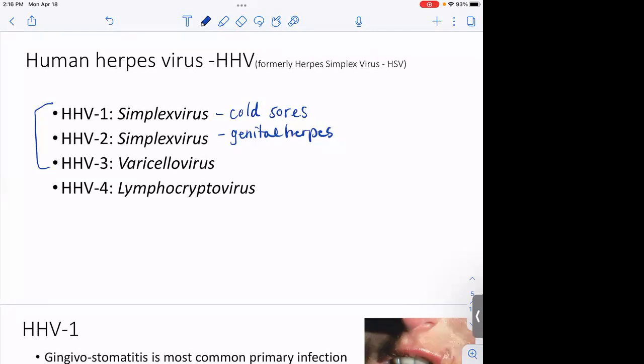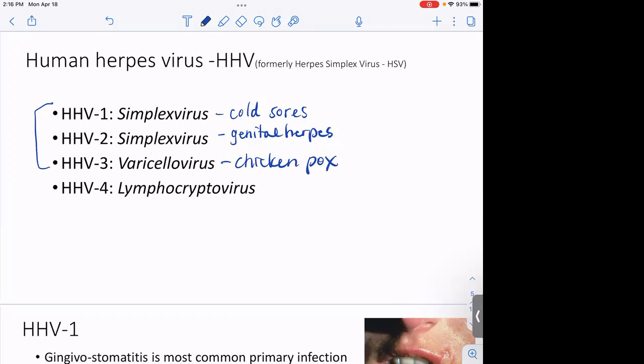So can you get HHV2 causing cold sores or the other way around? Yes, but generally that's due to oral sex practices. Okay. HHV3 is varicella virus, causative agent of chickenpox. So we'll talk more about that.